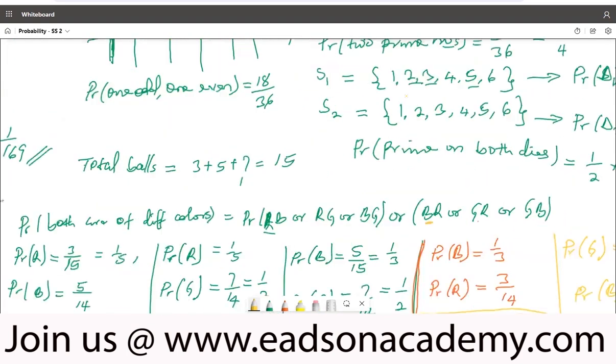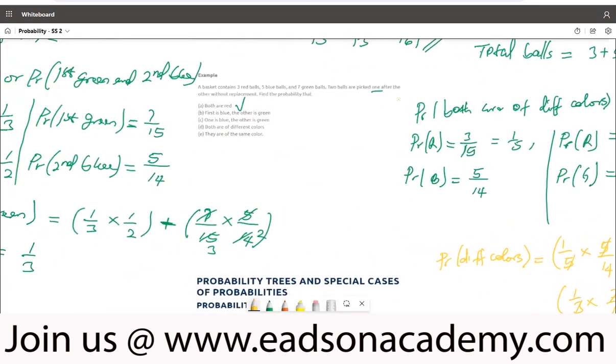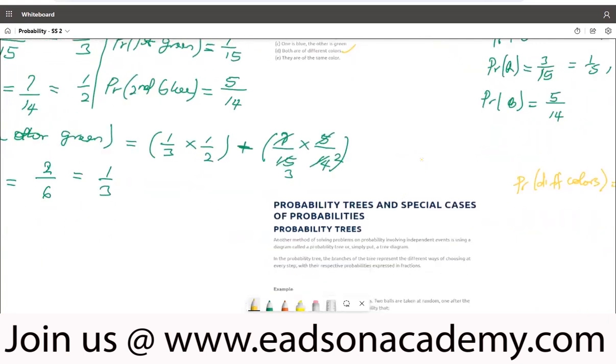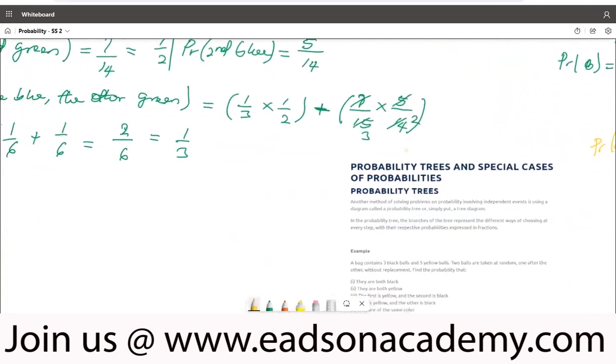Where is the question? Okay, so finally, the last question, he said they are of the same colors. Since we already know the probability of different colors, to get the probability of the same color will not be a problem. Remember that if the probability that an event will occur is n, then the probability that it will not occur is 1 minus n.